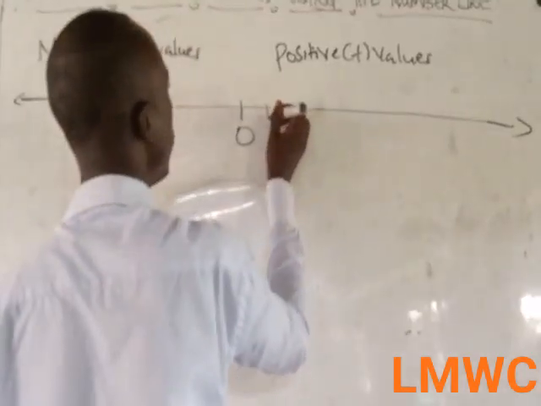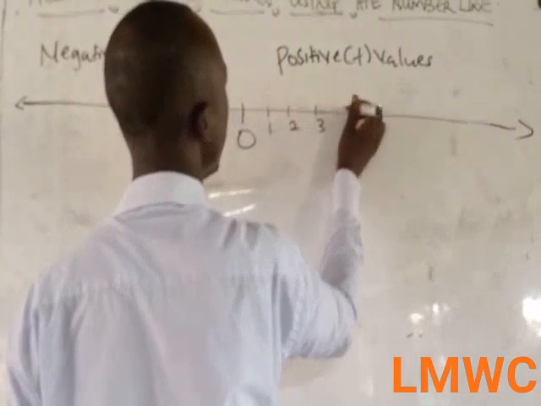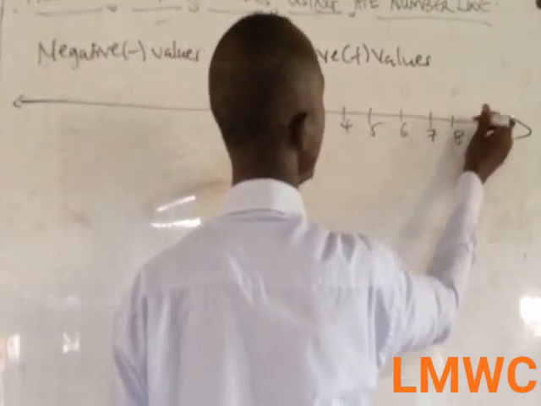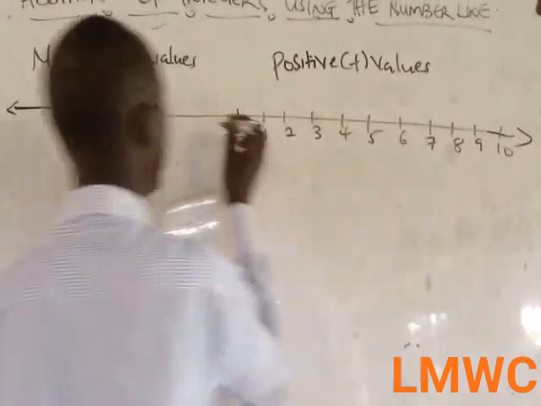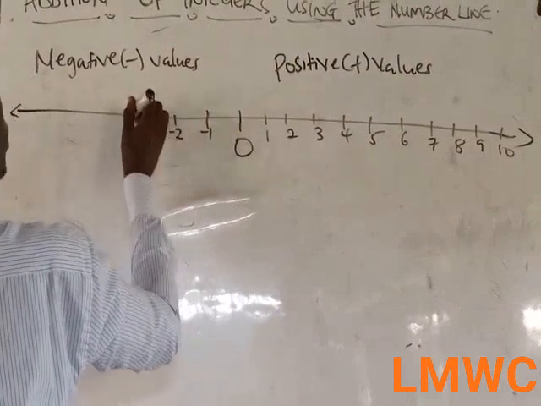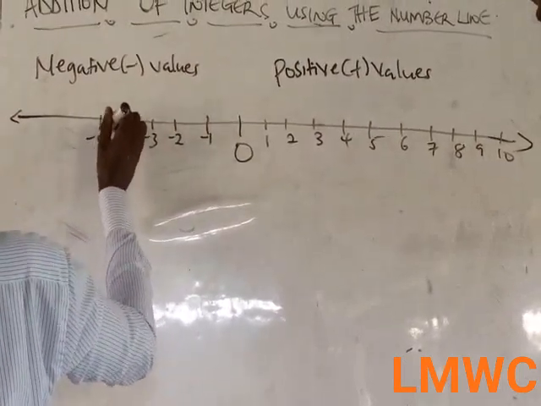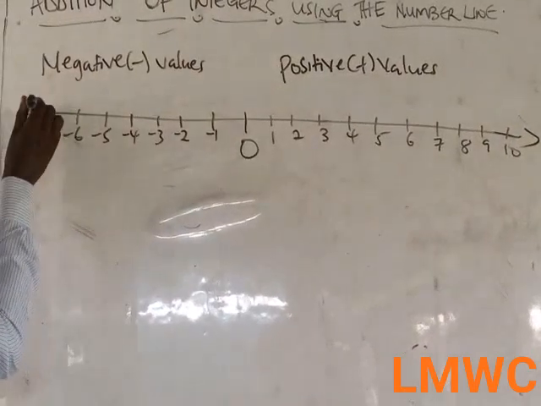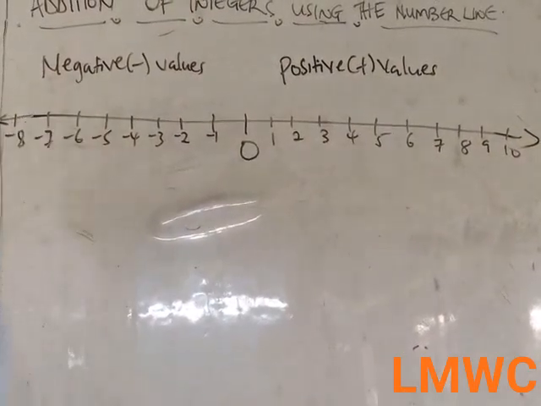So we have 1, 2, 3, 4, 5, 6, 7, 8, 9, 10. Negative 1, negative 2, negative 3, negative 4, negative 5, negative 6, negative 7. Let me extend it. Negative 8.